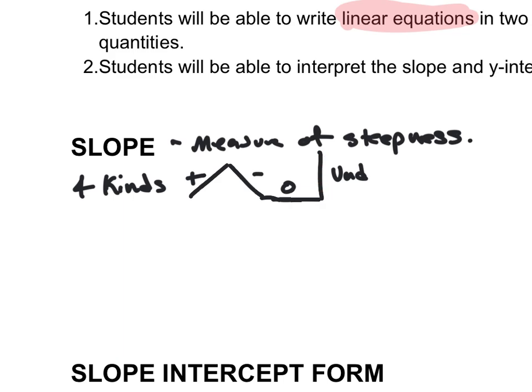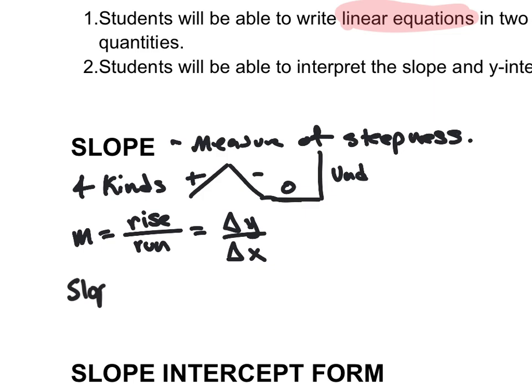Now, usually what we do is we measure slope using the variable m. And we usually call it rise over run, or we call it the change in y, and that triangle means change, that's delta. Change in y divided by the change in x. Okay, we can also use the slope formula to calculate slope, all right?